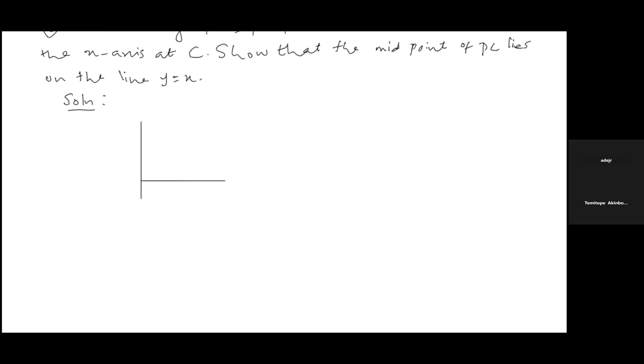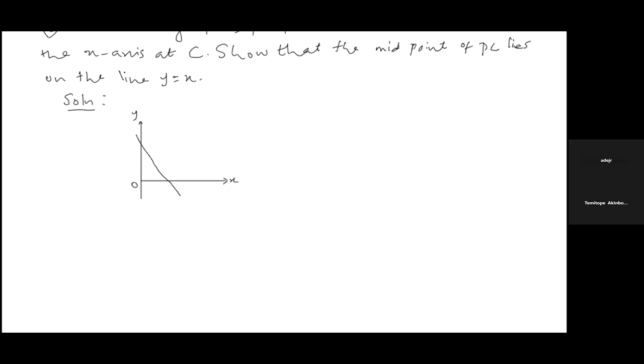So this is the origin, y-axis, x-axis. Now, because we are told that the gradient is -2, what does that suggest? It suggests that the line will go this way.